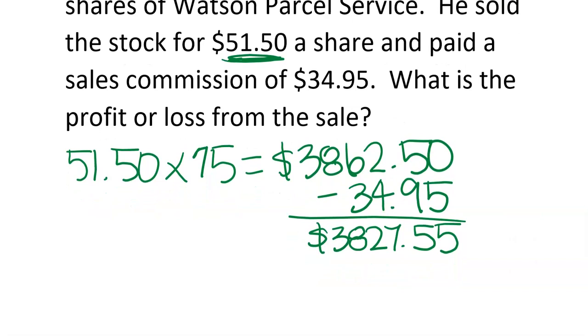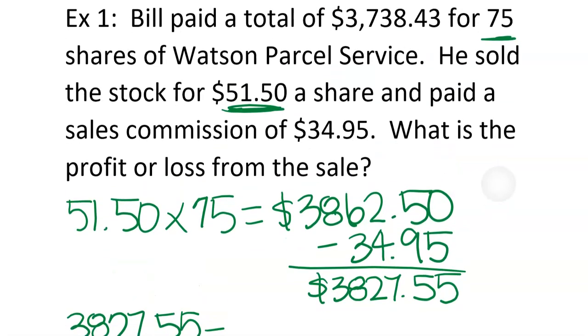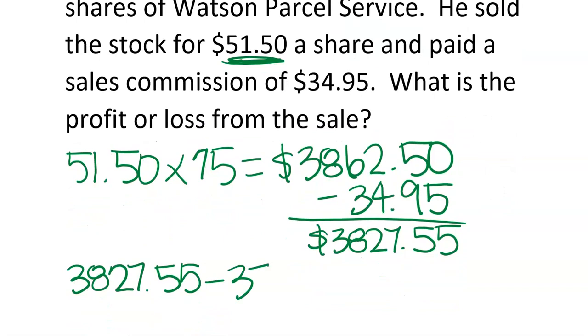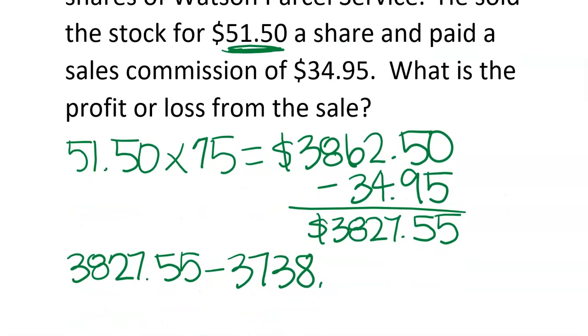So if you take what you sold it for and subtract out what you bought it for, $3,738.43, it's going to kind of tell you if you made money or lost money.